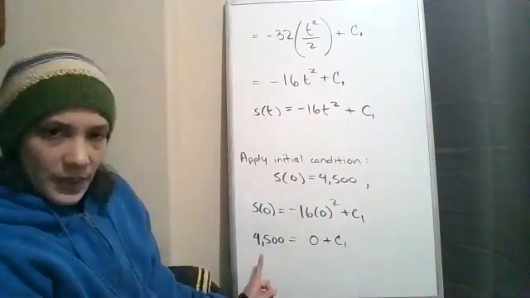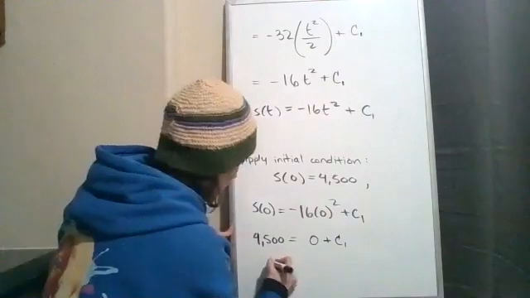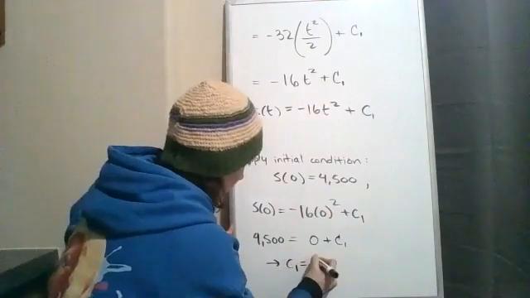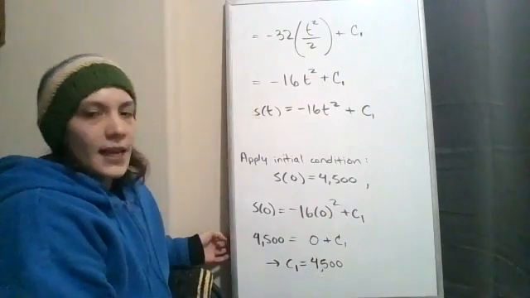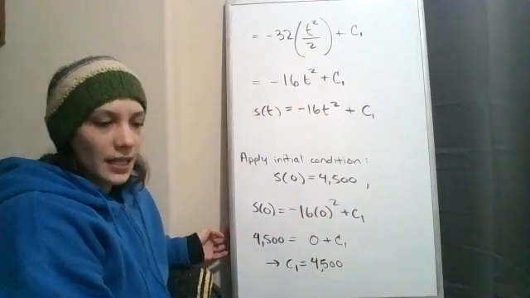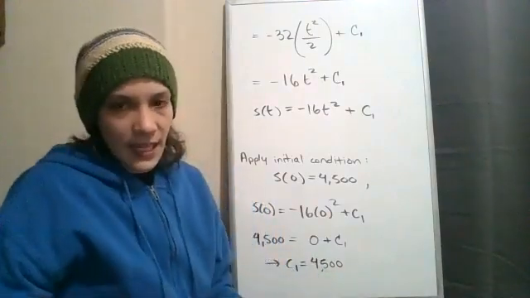And so the value for C1 is 4,500. And we finally have an answer. So the function for height is s of t.